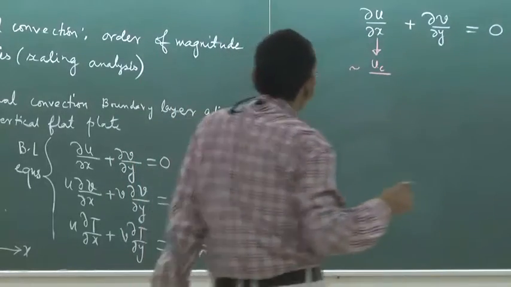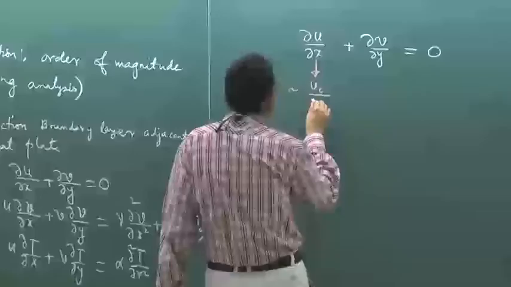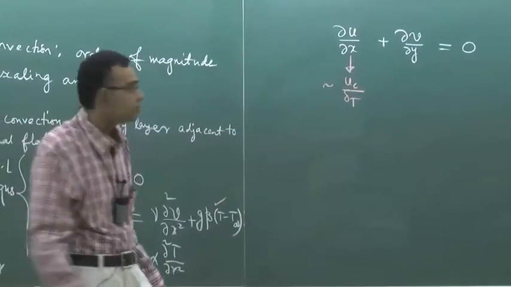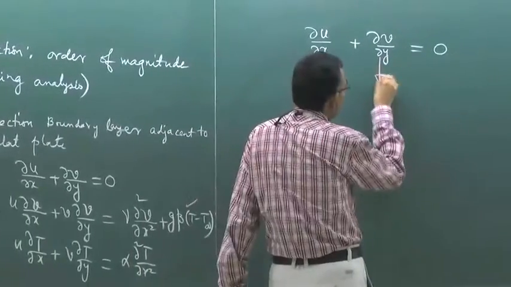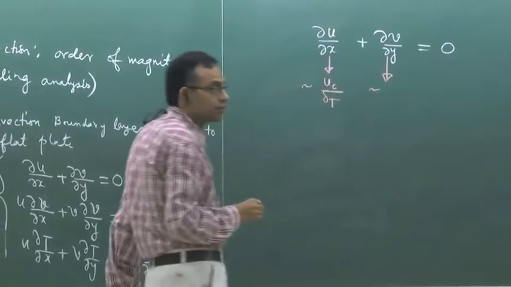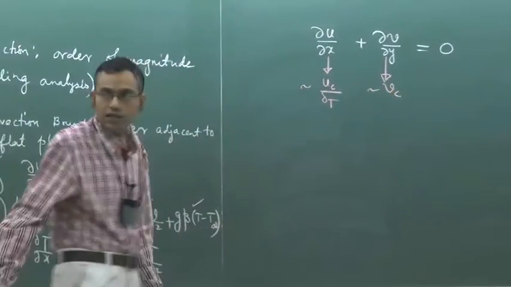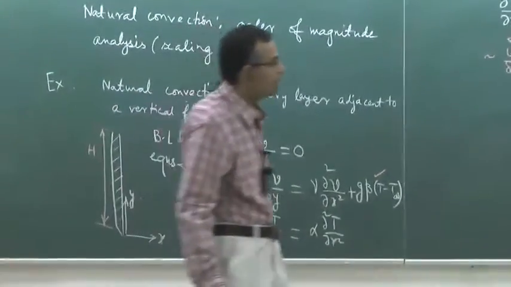So, uc divided by delta T, right, not delta. What is the order of magnitude of this? Let us say Vc is the characteristic velocity along y, Vc divided by h.